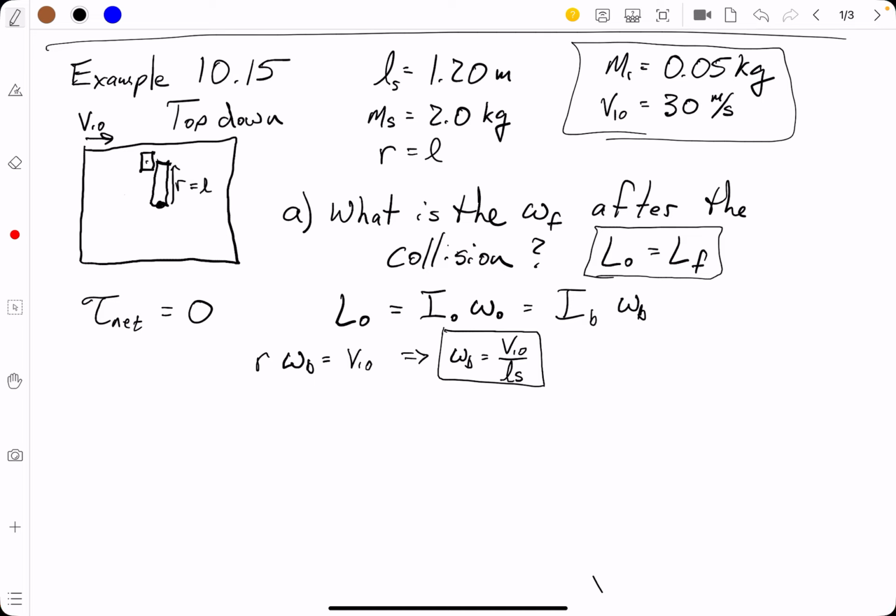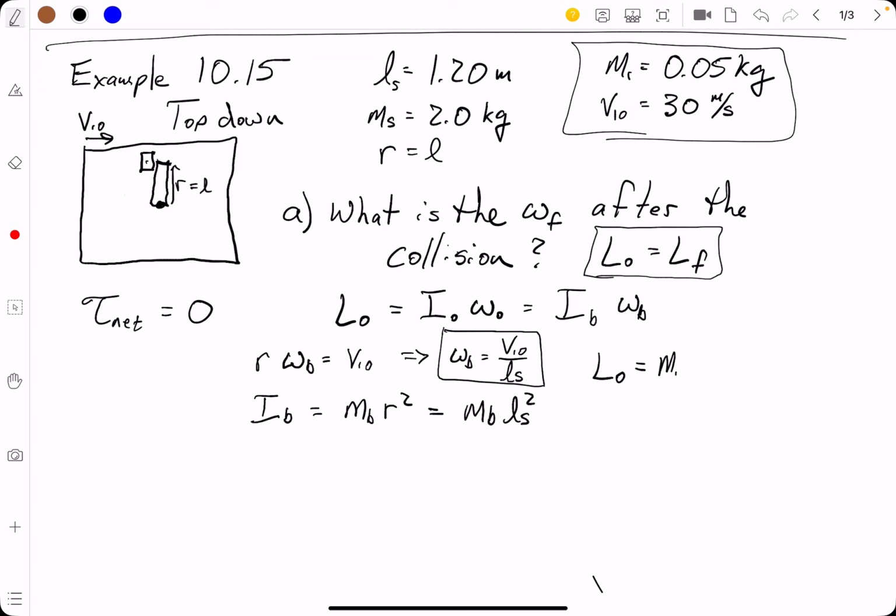let's do our IB. So of the box, our moment of inertia, we're thinking of the box just like we thought of the hammer before. It's just the mass of the box times the radius squared. But we've already said that the radius squared is L squared, LS squared. So mass box LS squared. So in the end, let's put all these things together and get ourselves an L naught.